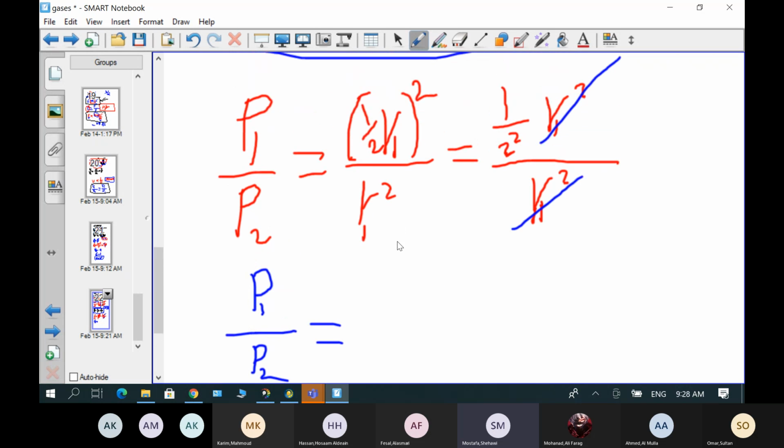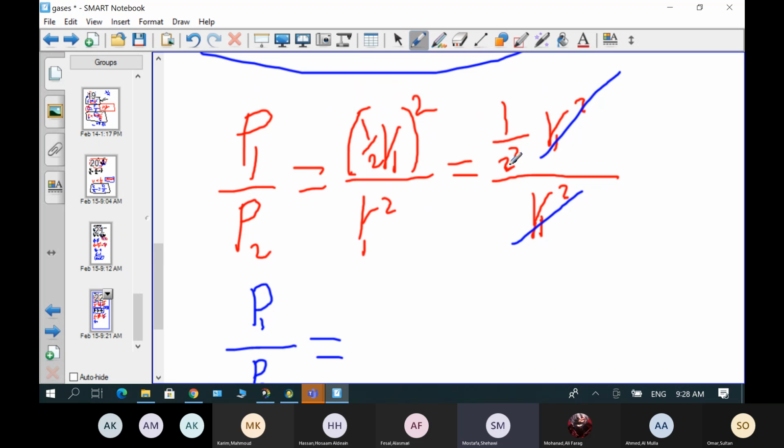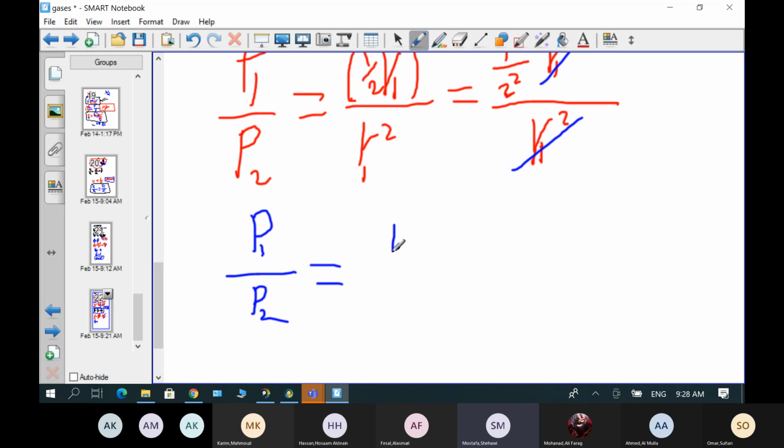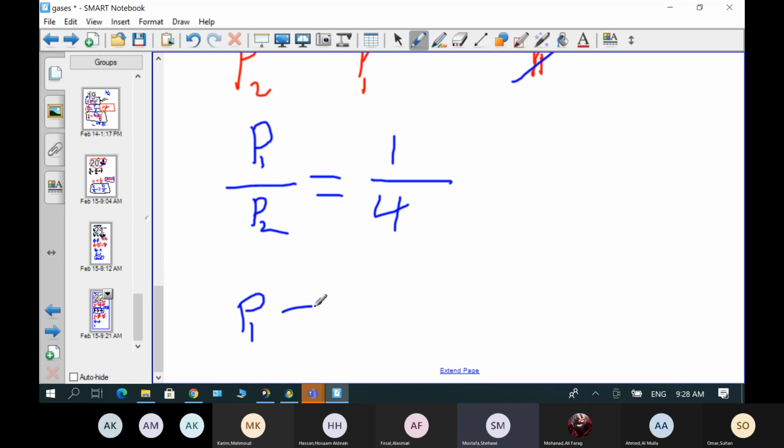So what's left here? 1 over 4 from this equation, 4. So P1 would equal P2, or P2 will equal 4P1.